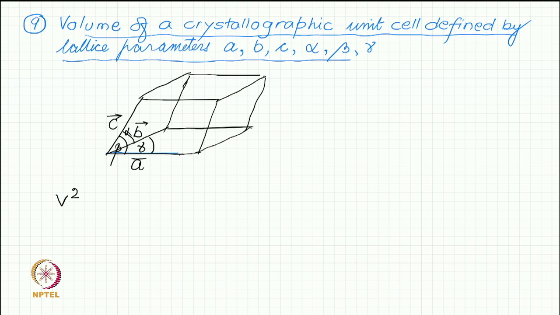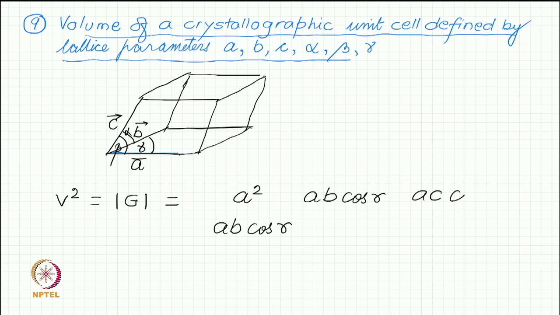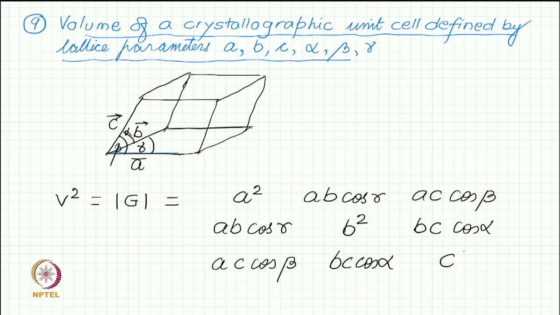One of them is that V square is nothing but the determinant of G, the metric tensor, and the metric tensor is easily written in terms of A square, because A dot A, then A dot B, A B cos gamma, by symmetry A B cos gamma comes here also, B dot A, then A dot C is A C cos beta, by symmetry it again comes here also, then this is B dot B, B square, B dot C, B C cos alpha, and B C cos alpha by symmetry, and finally this is C square.